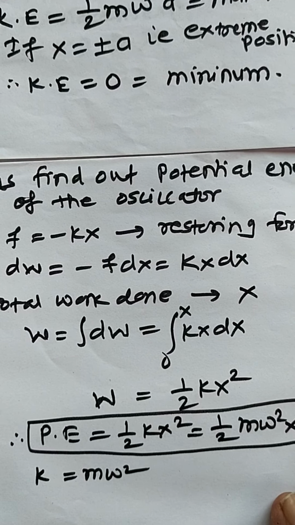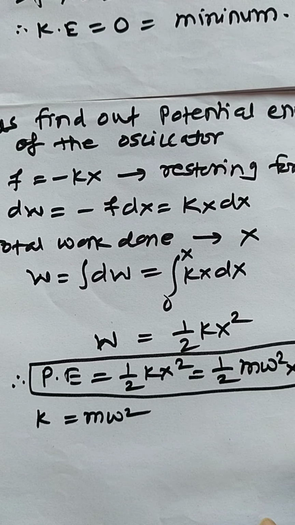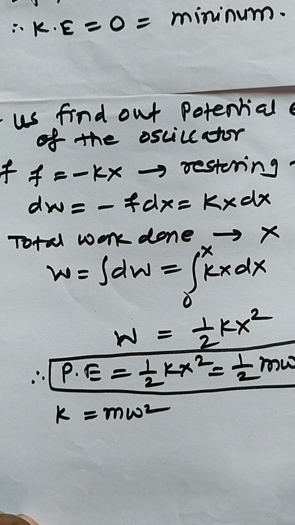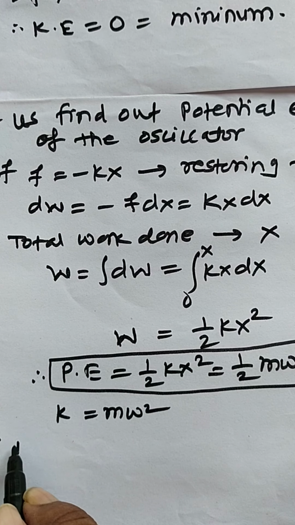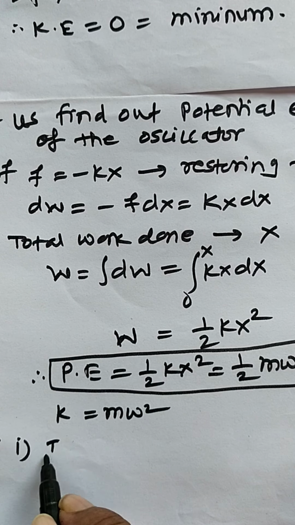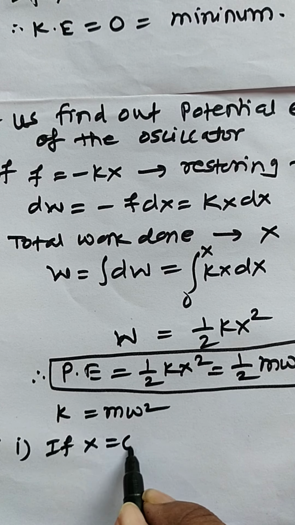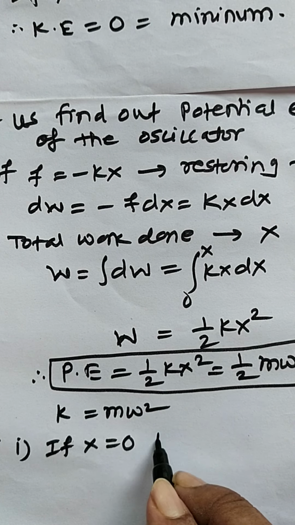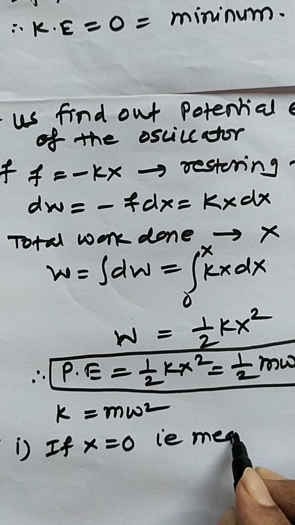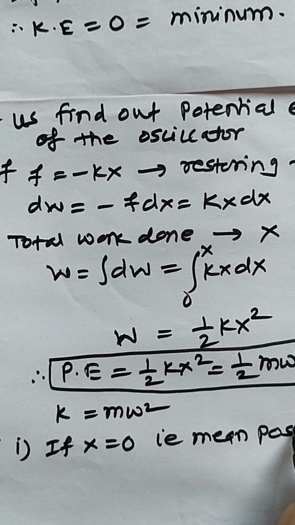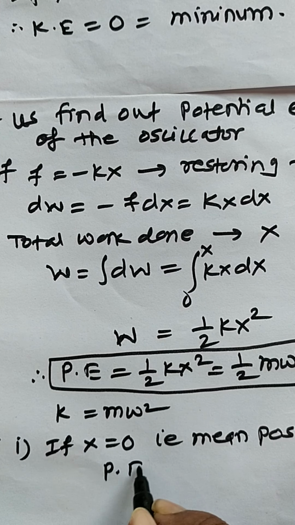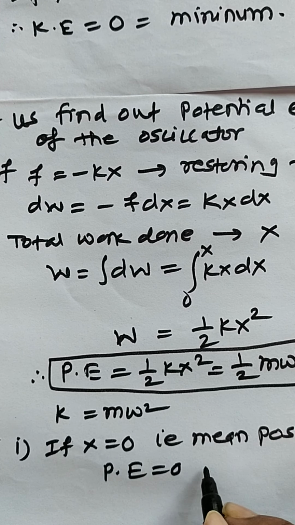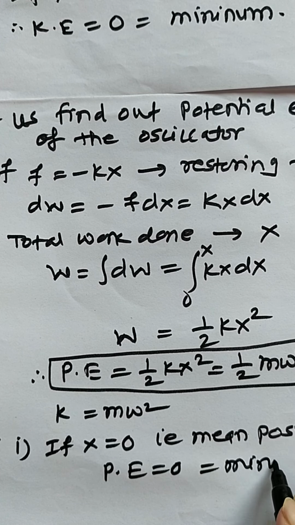Now here is another case. First, if x is equal to 0, that is the mean position, so therefore the potential energy is equal to 0, and that is the minimum.